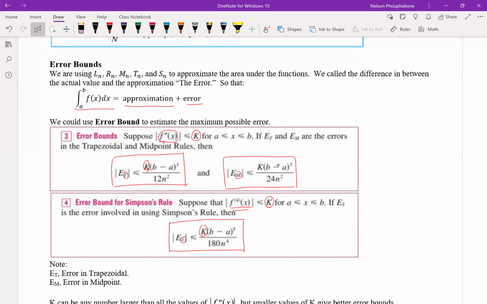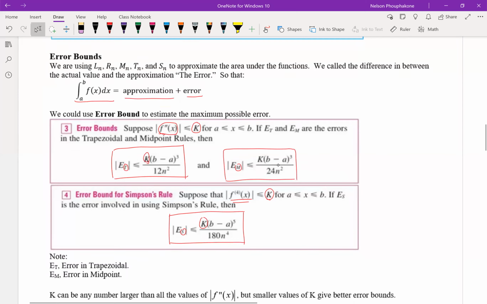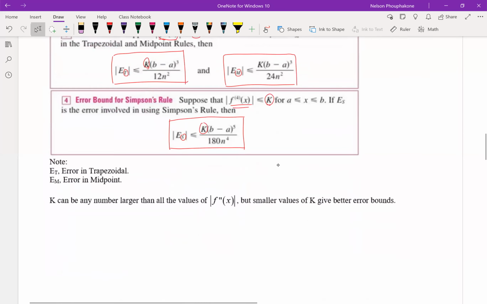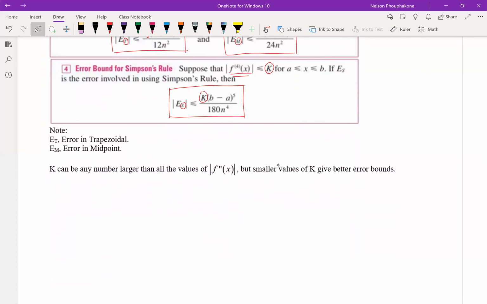If you have a question, remember, ask me. So here is the rule: K can be any number larger than all the values of f double prime of x, but smaller values of K give better error bands.